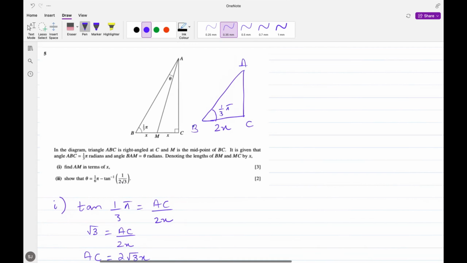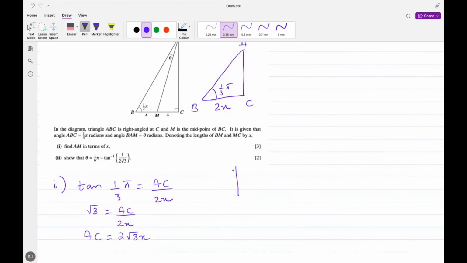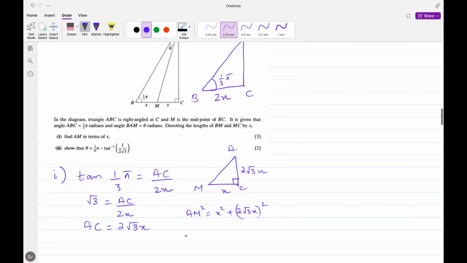Now to find the length of AM, we can draw the triangle ACM. We know that the length of AC is 2 root 3 x, and this length is x, and this is a right angle, and this is M. So now we can use Pythagoras theorem. As AM is the hypotenuse, we can write AM² equals x² plus (2 root 3 x)².